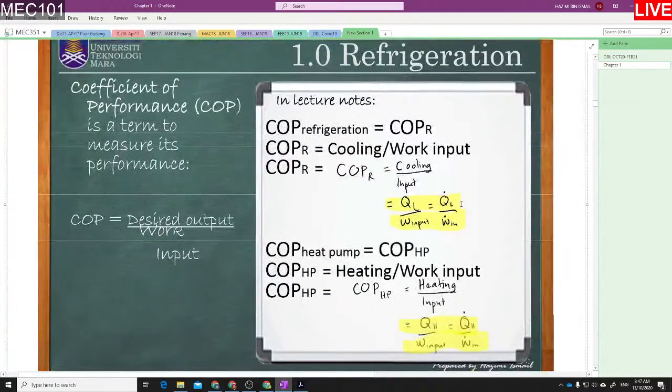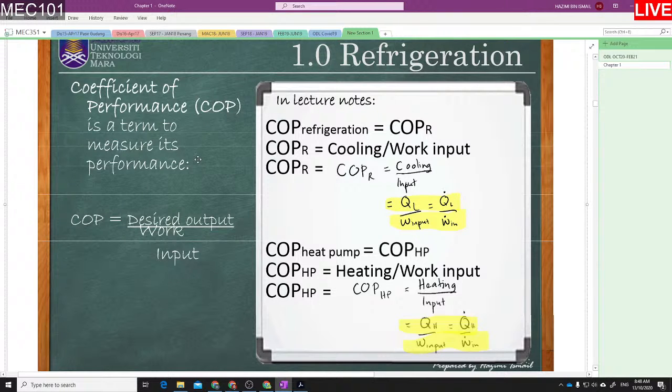Okay, the next slide shows the COP. This is one of the terms that we will face a lot of times in this entire semester. COP stands for coefficient of performance.